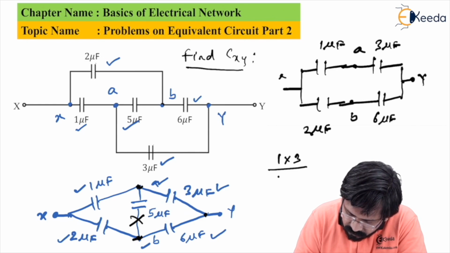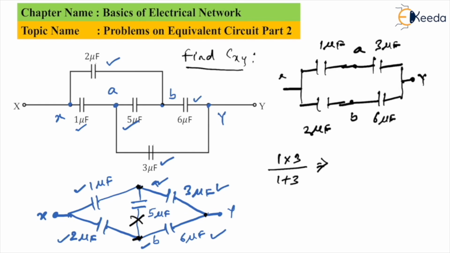So, the value of the capacitance in the upper branch is 3/4 microfarad. Whereas in the lower branch, the equivalent capacitor can be 2 into 6 upon 2 plus 6, which comes out to be 12 upon 8.